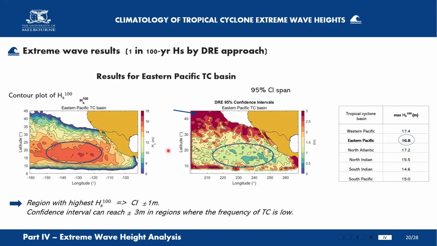However, the confidence interval can reach plus or minus 3 meters in regions where the frequency of tropical cyclones is low, like the northern part of this basin. For this basin, the maximum HAS 100 predicted was 16.8 meters.